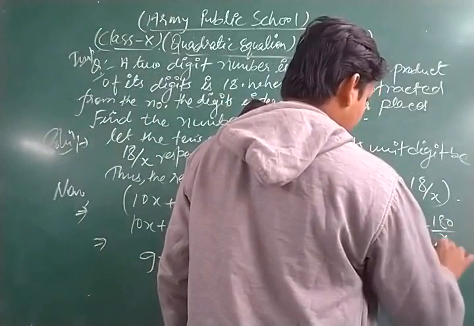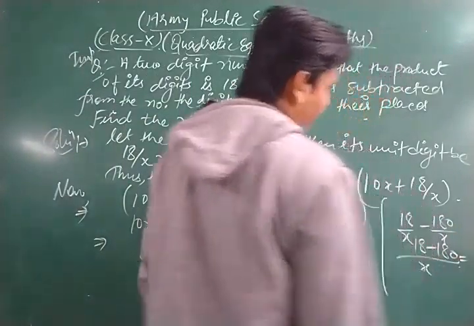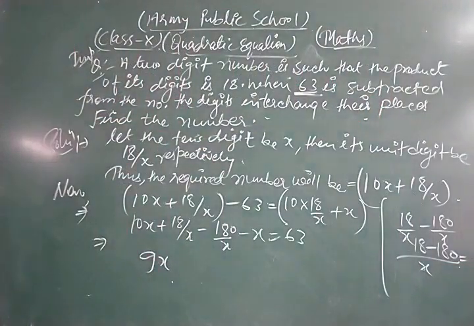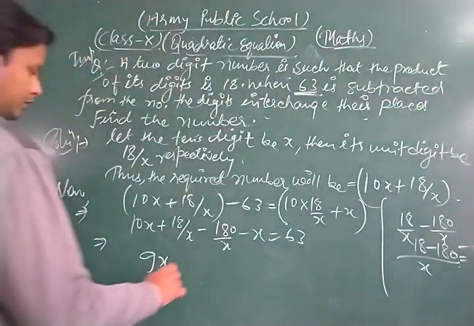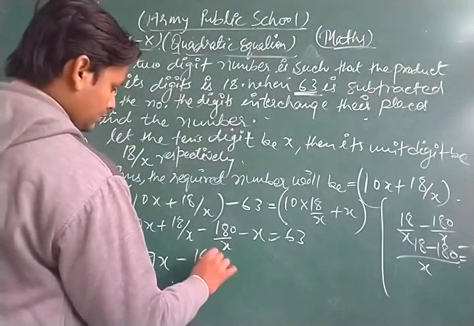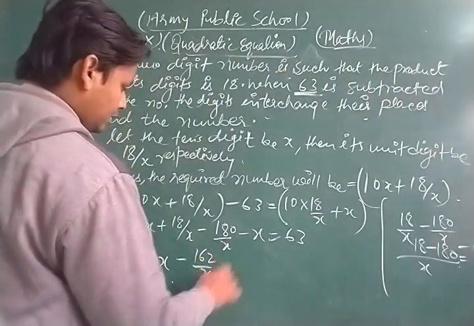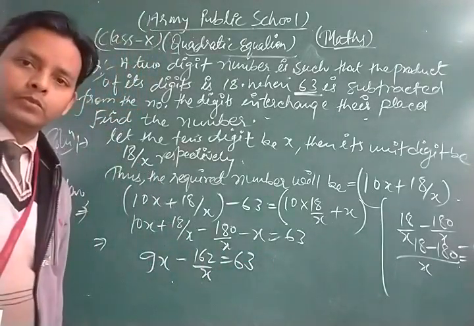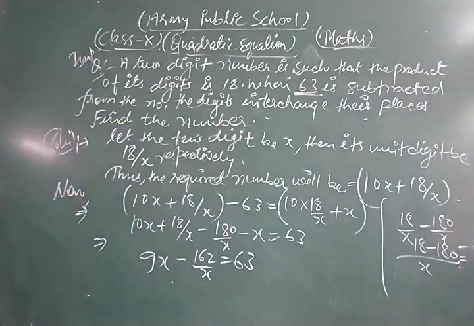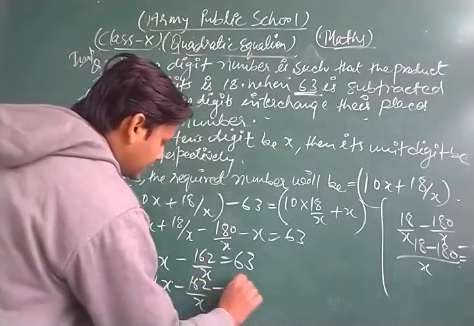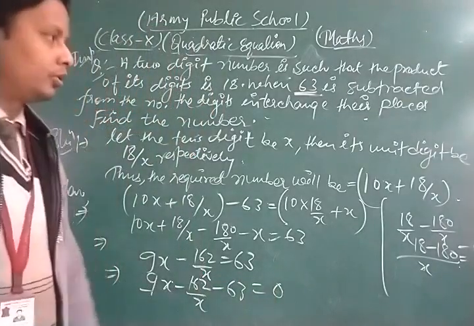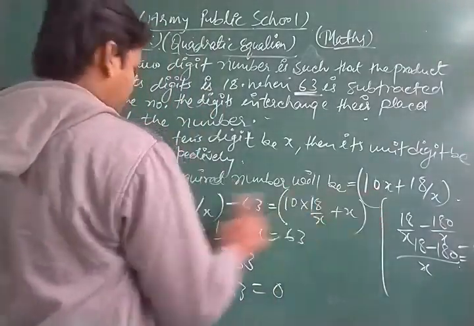So now let's take the LCM. 18 minus 180 is minus 162, so this is minus 162 upon x, is equal to 63 after simplifying. Now we transfer 63 to that side, so that is 9x minus 162 upon x minus 63 is equal to 0. Now we simplify them.